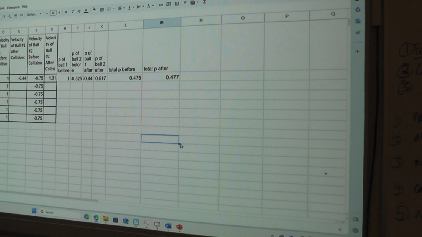What I want you to do for today, the big goal of the calculations today, is just keeping track of all the numbers. And it's not a matter of, do you have the right answers? It's a matter of, can you consistently keep track of the numbers, whether it's on paper or in a spreadsheet?